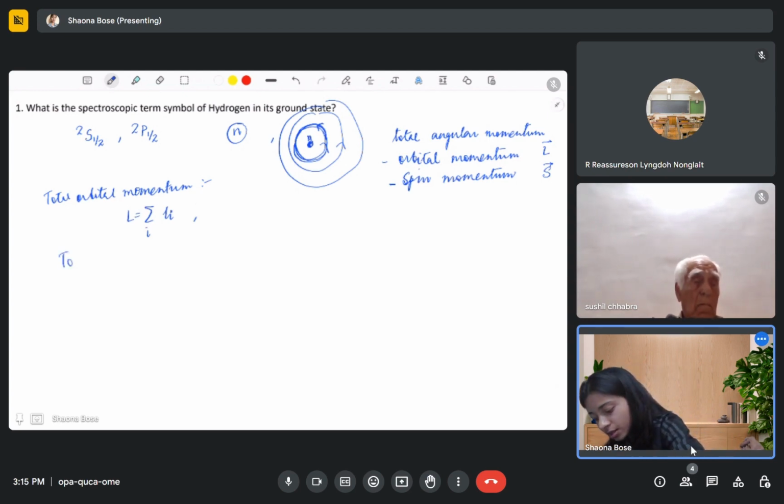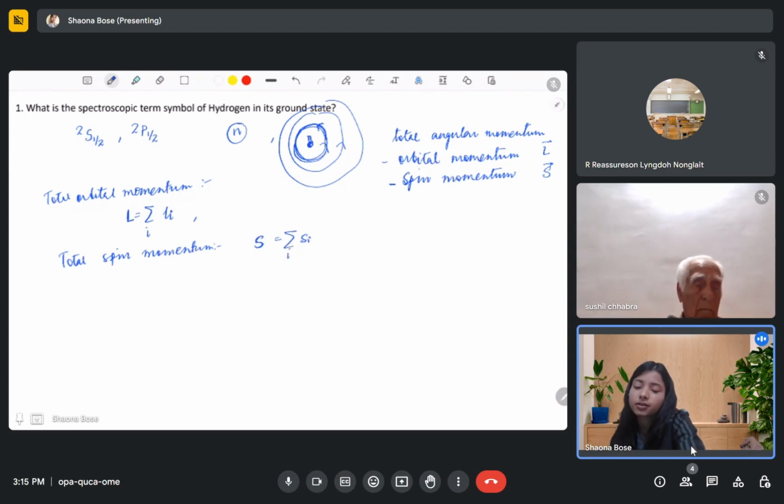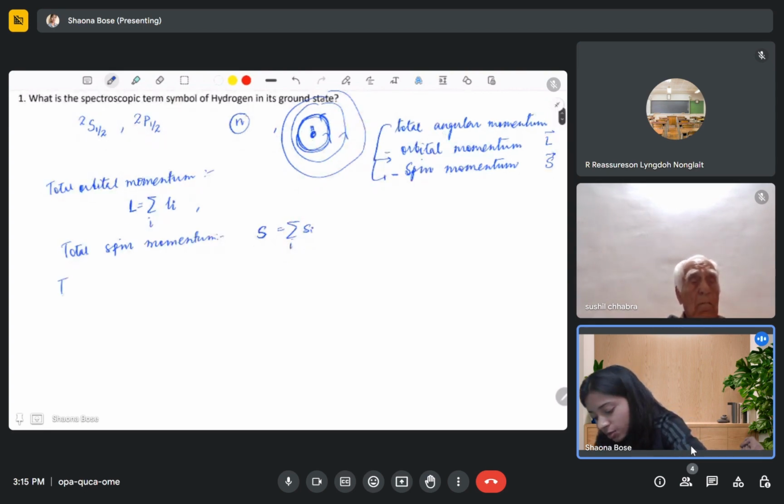Similarly, total spin S, S is bold, is the summation of s_i. Now, what is my total angular momentum? Sum of these two.